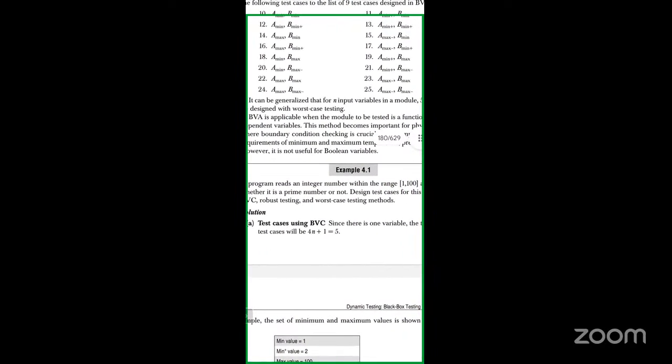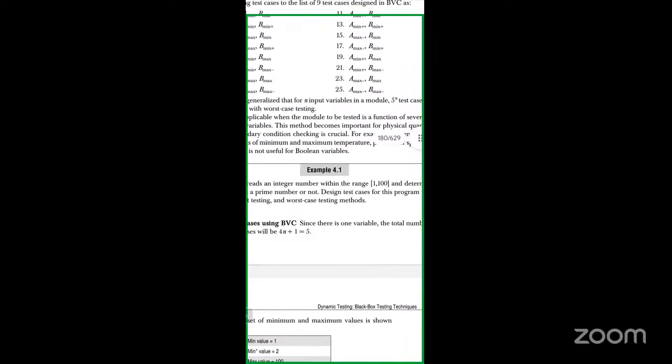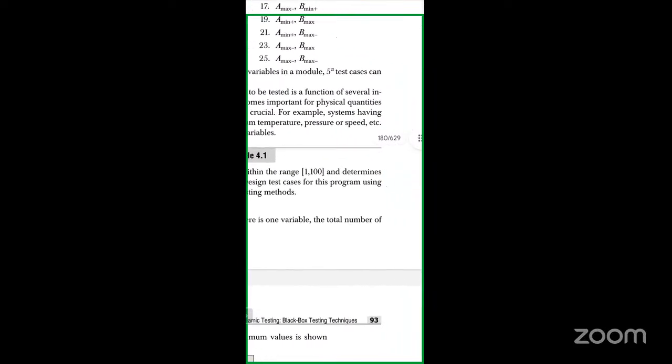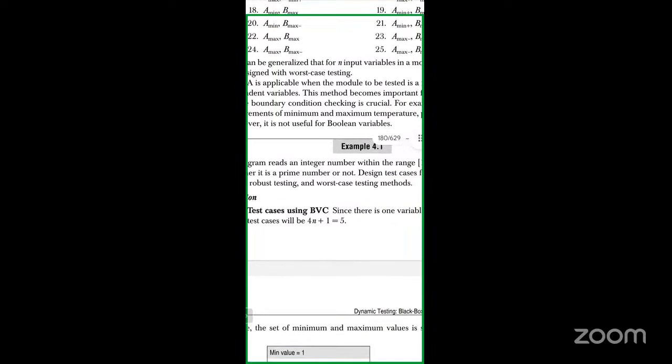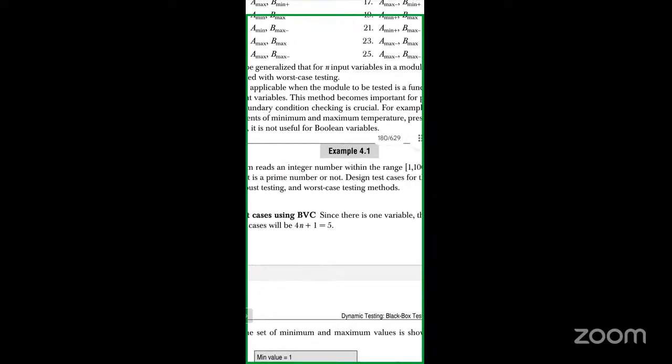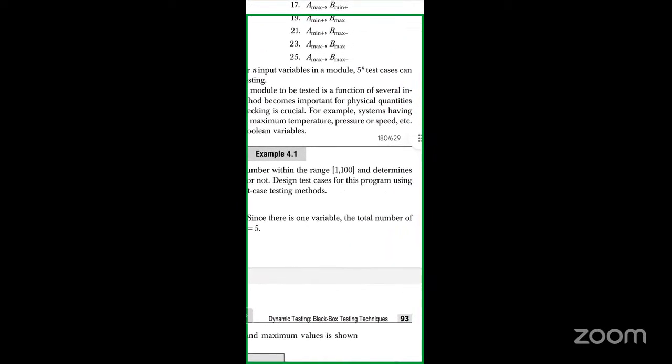A program reads an integer number within the range of 1 to 100 and determines whether it is a prime number or not. Okay, so what is the system doing? It is taking the input, that is, reading the integers within the range 1 to 100.